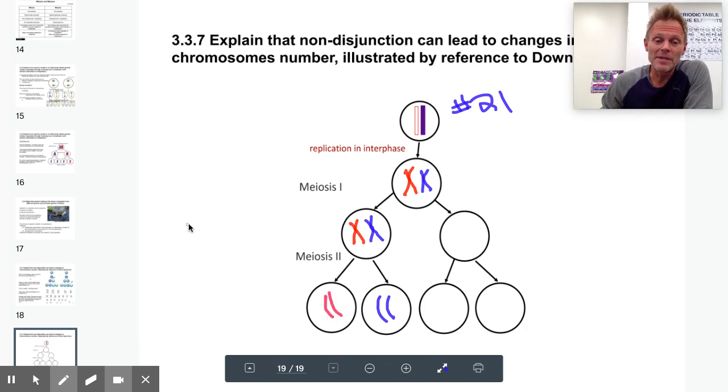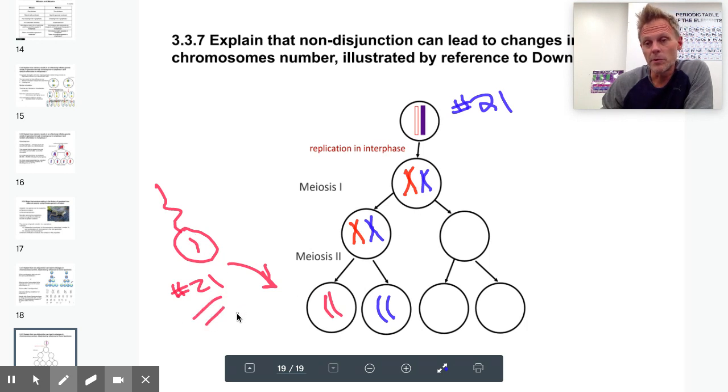And the problem is, let's pretend that this is an egg. If a sperm comes over, let's say with 1 copy of chromosome number 21, then this zygote, this developing embryo, will have 1, 2, 3 copies of chromosome number 21.